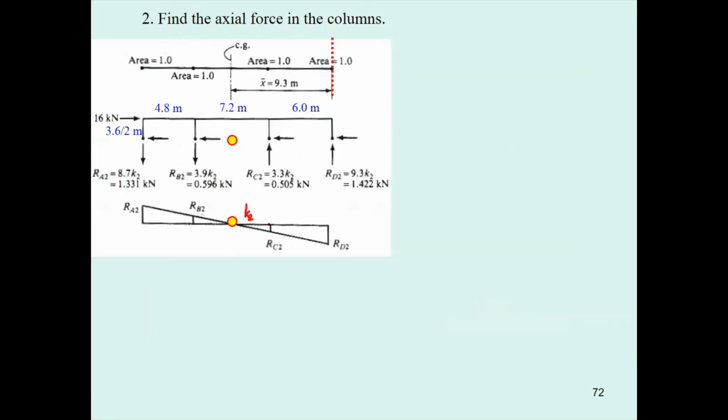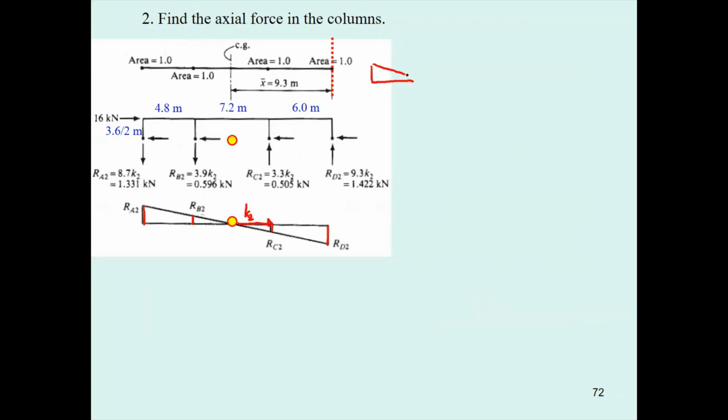The slope here is K2. Based on the slope, you can determine the size of the axial force due to the slope and due to the length. You know this one, right?